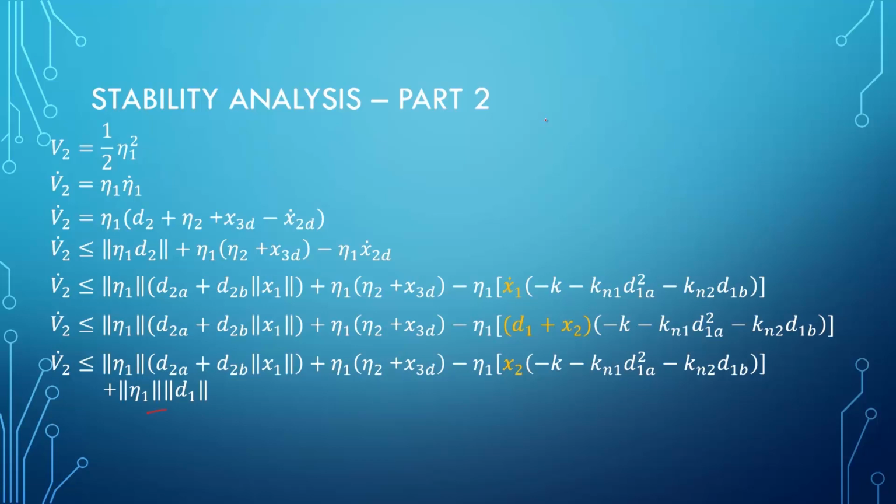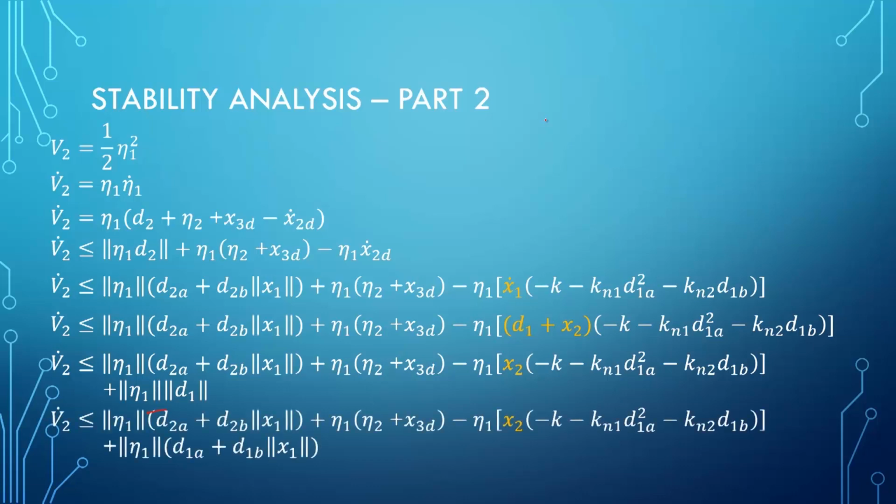x1 times x2, and in this bracket is in here. If you have unknowns or disturbance, you need to upper bound it. Otherwise, you just take the product. Next, you regroup terms.